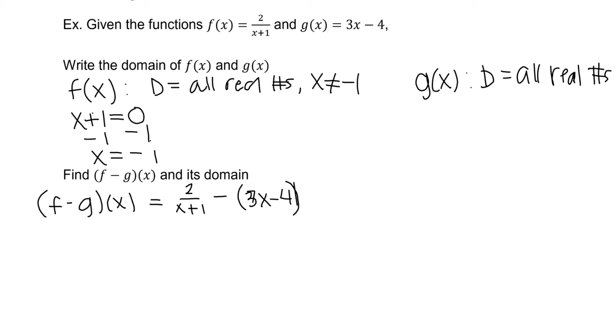I'm going to wait to distribute that negative, because in order to perform subtraction, you have to have the same denominator when dealing with fractions. So I'm first going to rewrite 3x − 4, so it has a common denominator as 2/(x + 1). So to have a common denominator, they both must be x + 1. So I'm going to multiply it by (x + 1)/(x + 1).